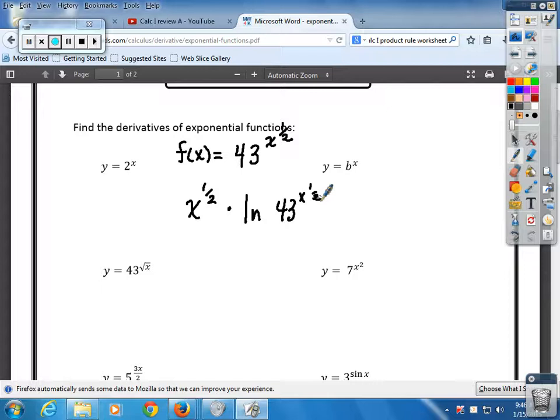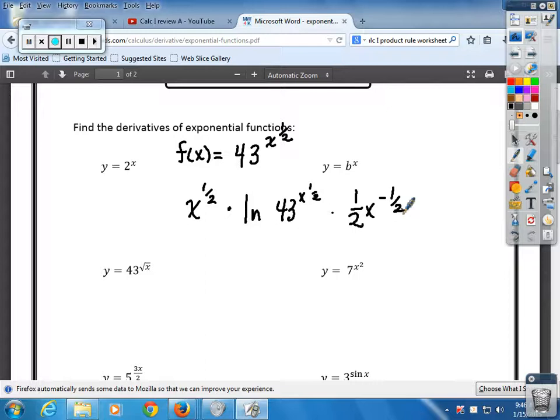And then you take the derivative of this right here, and that's going to be what? 1/2 x to the negative 1/2? And of course, this is 1 over 2x to the 1/2.